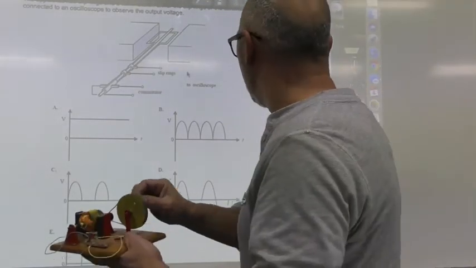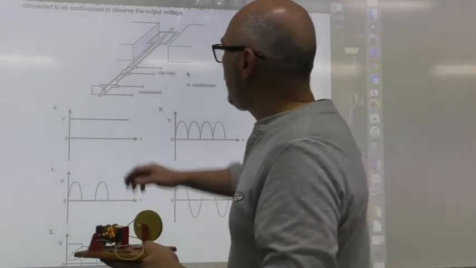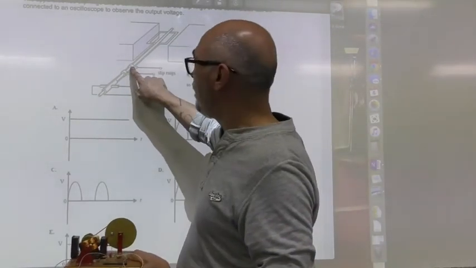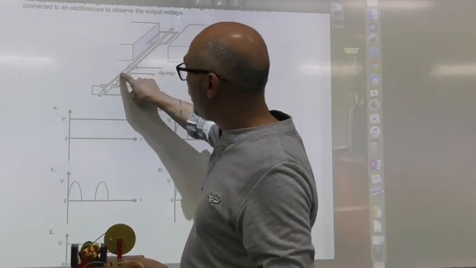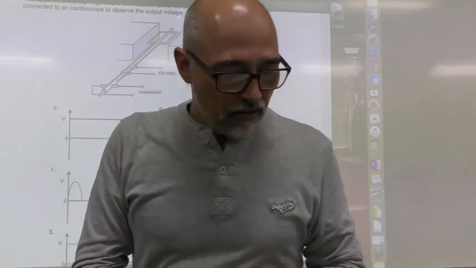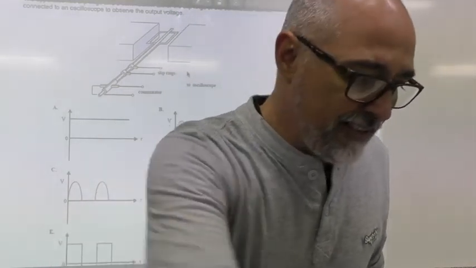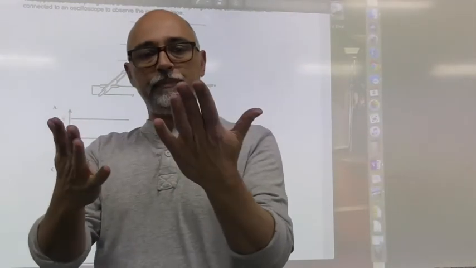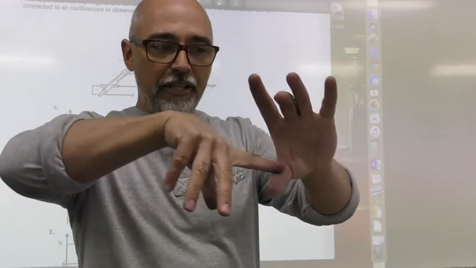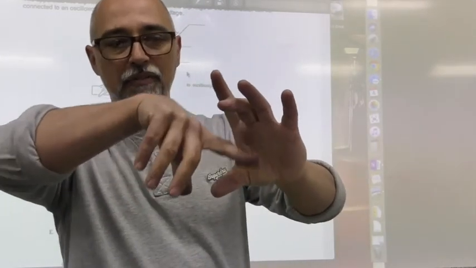Now, that is if one of these arms is connected permanently to one ring and the other arm is connected permanently to the other ring. Remember that a slip ring is basically a ring, and there is a connection that touches the inside of the ring and moves around.